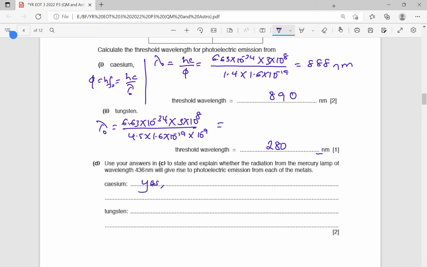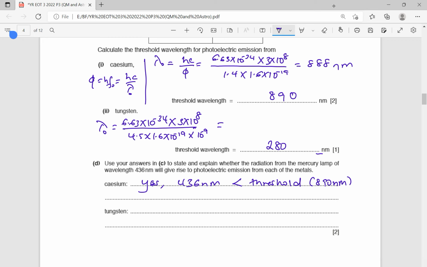The wavelength of the lamp, which is 436 nanometers, is actually less than the threshold, which is 890 nanometers for cesium. Remember, threshold wavelength is the maximum wavelength above which no photoelectric emission occurs. So since 436 is less than 890 nanometers, photoelectric emission can occur.